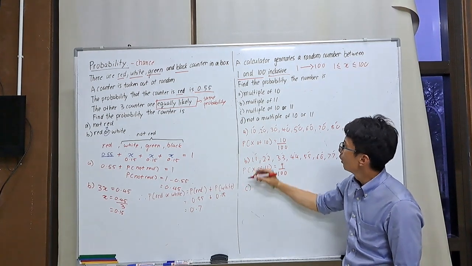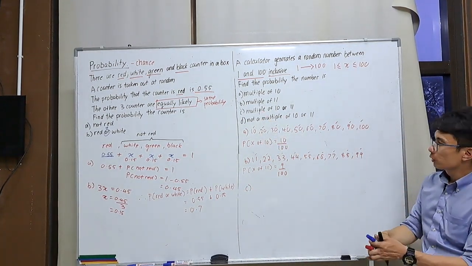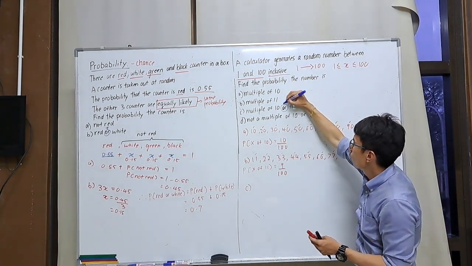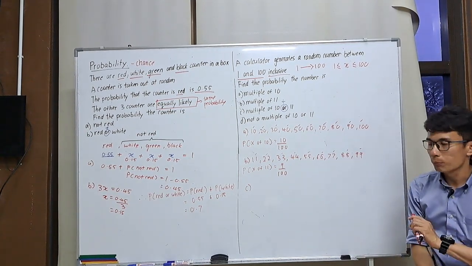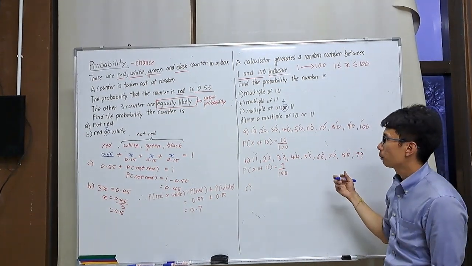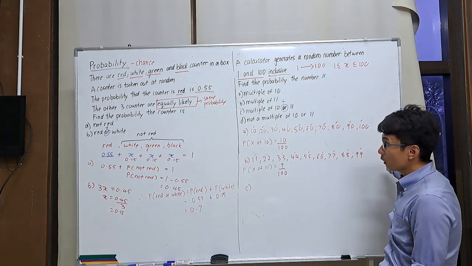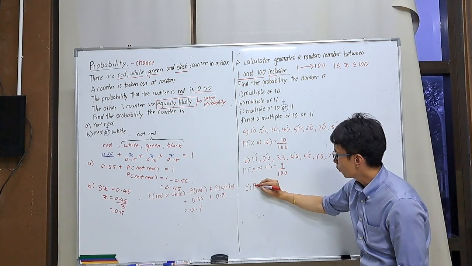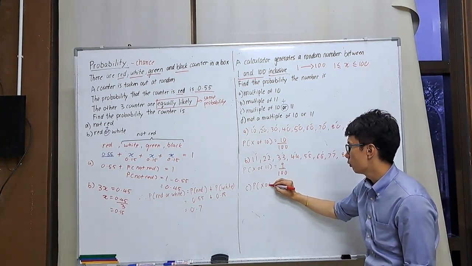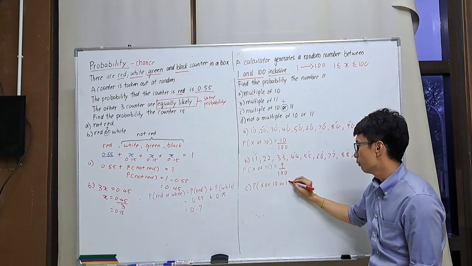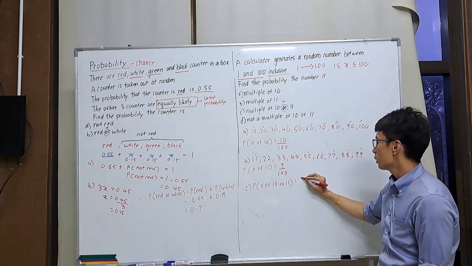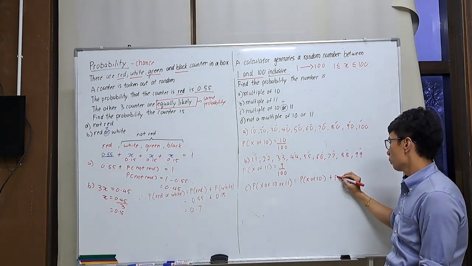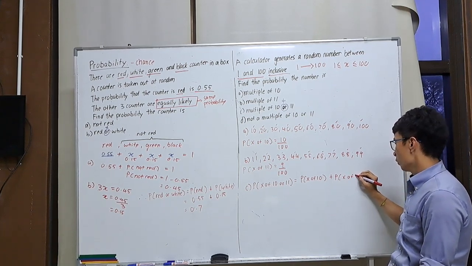And C, multiple of 10 or 11. Again, we see this word, or. In probability, the word or over here means addition. So you can add up the probabilities. So the probability that it is a multiple of 10 or 11 means the probability that it is a multiple of 10 plus the probability of a multiple of 11.